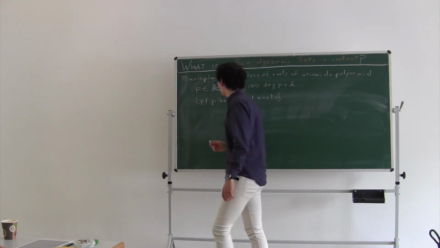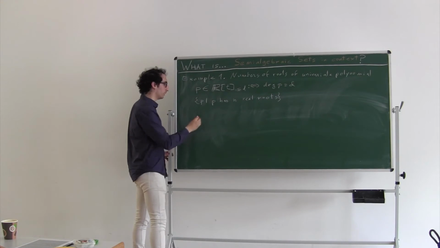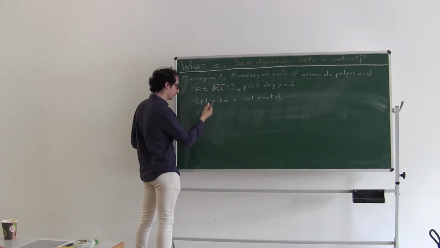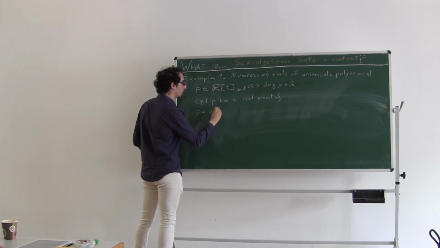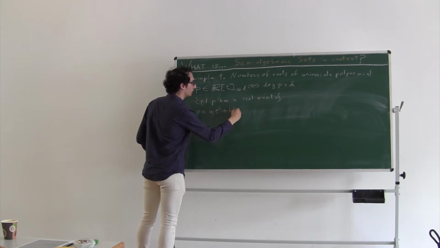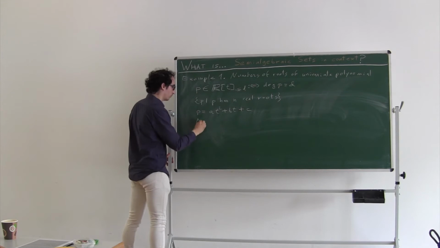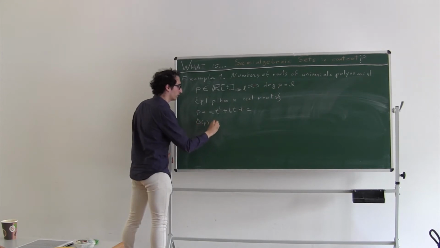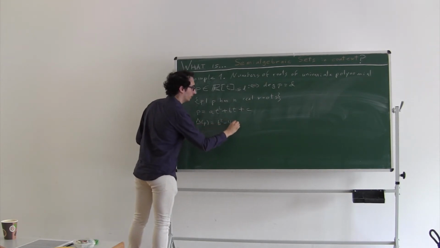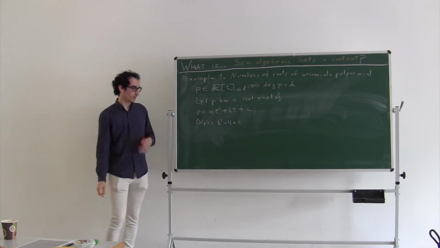In the case that p is a polynomial of degree 2, described in the form ax² + bx + c, you can define what is called the discriminant, this famous quantity that appears when you solve the equation.